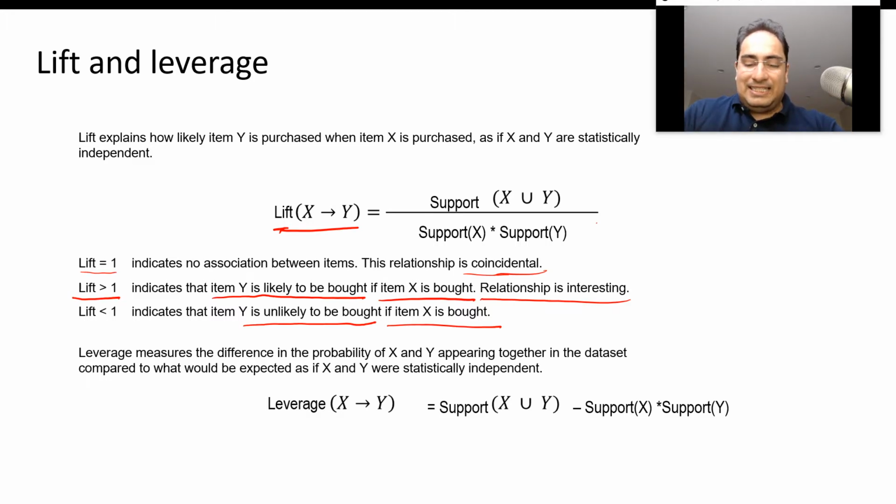If you want to get the difference, the leverage, how interesting that relationship is, then instead of just dividing, you could just get the support of the item sets minus their popularity. And it just tells you the difference between them.